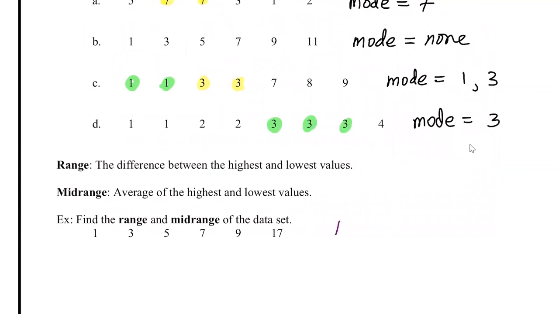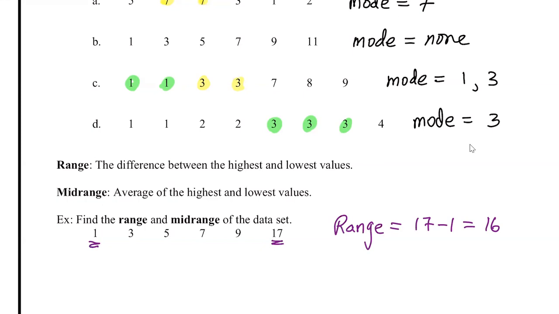So let's start off with the range, which is just simply the highest value minus the lowest value. So the range is 16, and all it's talking about is the displacement or the distance between the lowest and the highest value. So how many steps does it take to get from the lowest to the highest value?